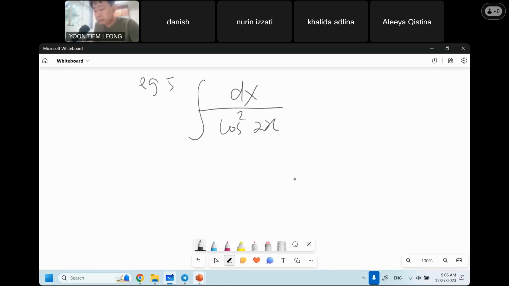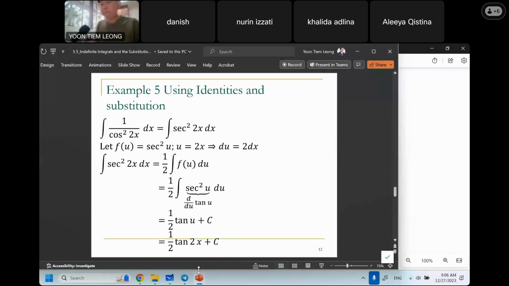So this is just an integration of secant squared. I would like to write this as secant squared x dx, because secant is just equal to 1 over cos.